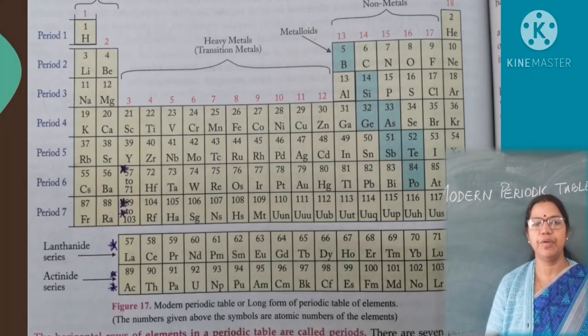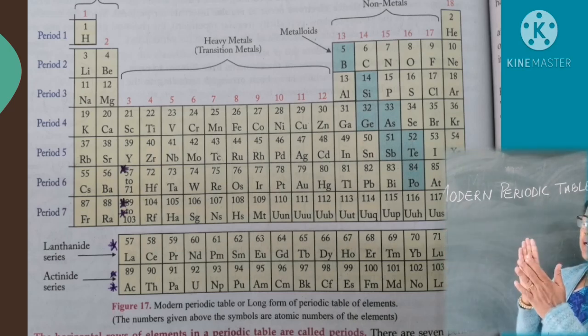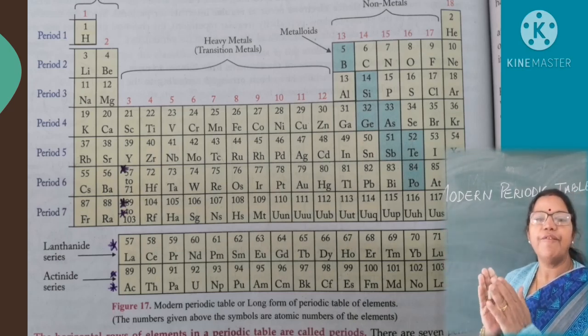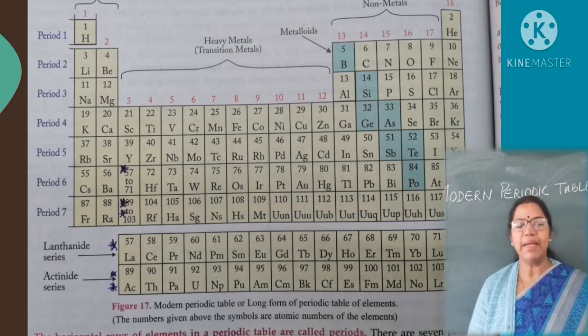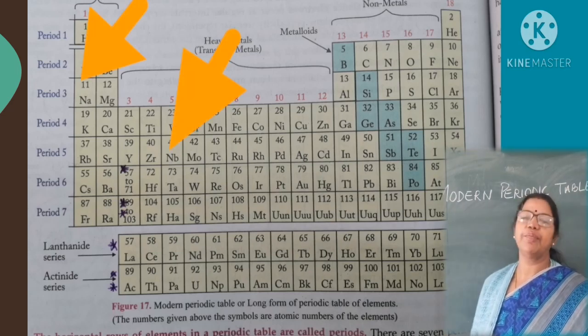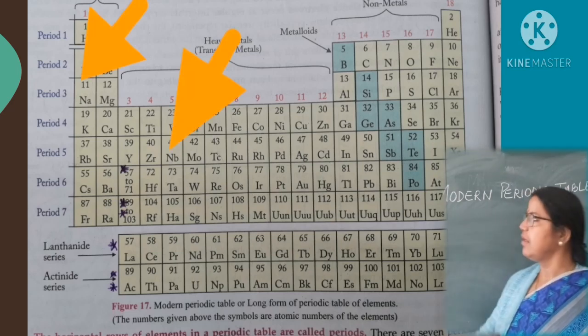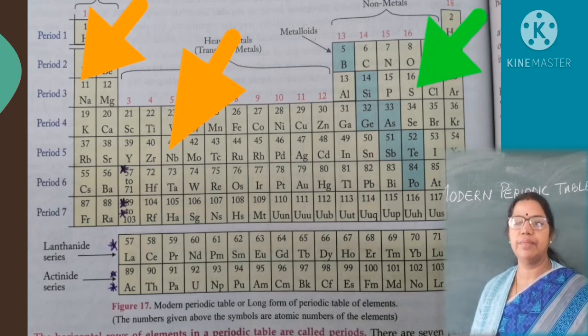Description of modern periodic table. In the modern periodic table, the elements are well classified into metals and non-metals. Metals are placed on the extreme left and middle of the periodic table, whereas non-metals are on the extreme right side of the periodic table.